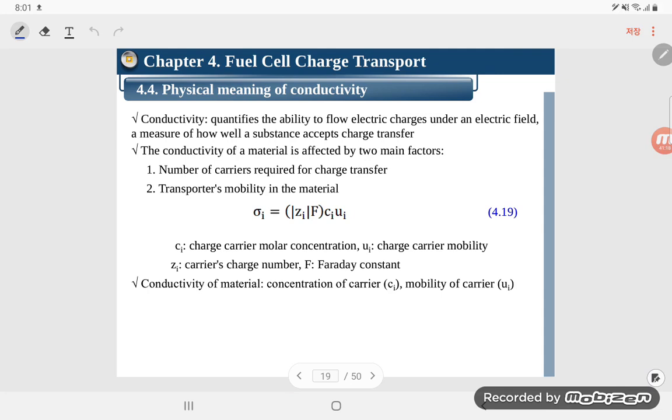Firstly, the physical meaning of conductivity is that it quantifies the ability to flow electric charge under an electric field, a measure of how well a substance accepts charge transfer.